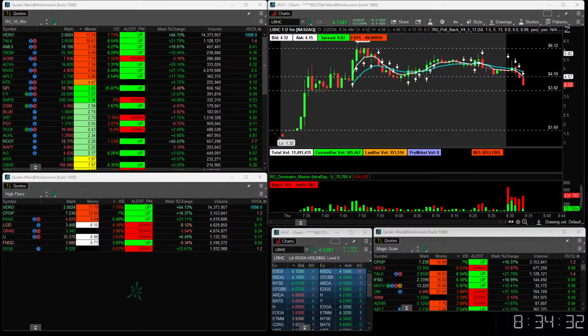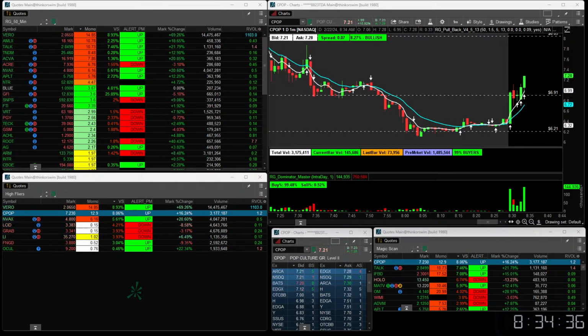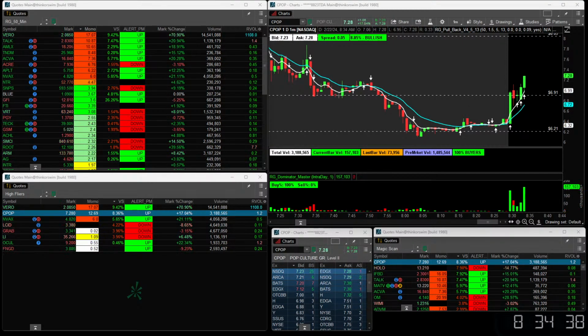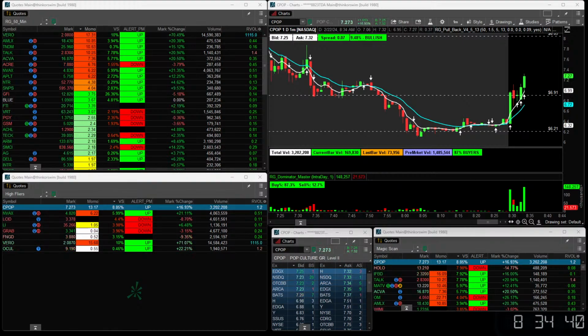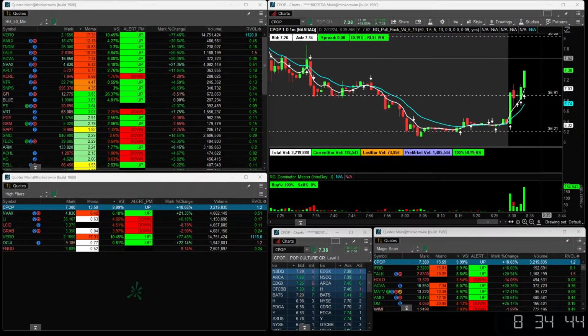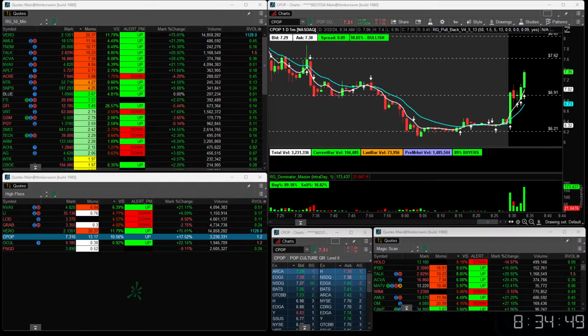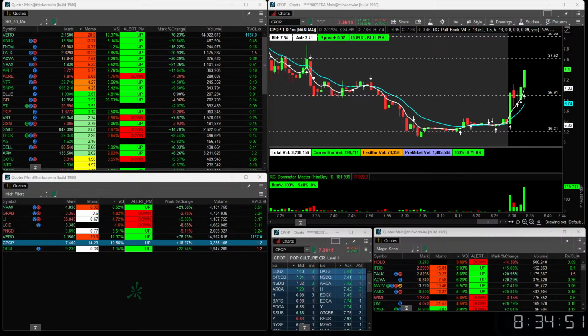Let's take a look at CPOP. CPOP does have a resistance level right there. That's also on the VWAP.